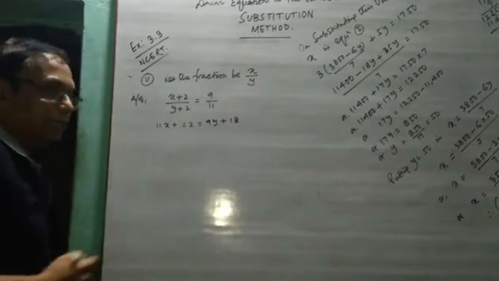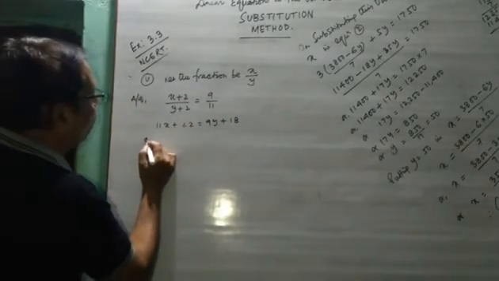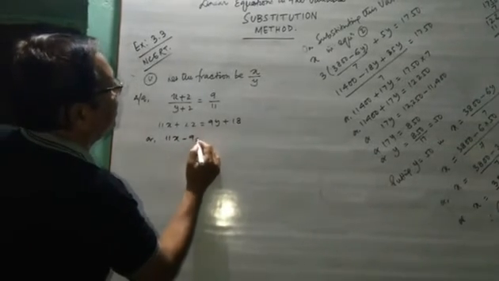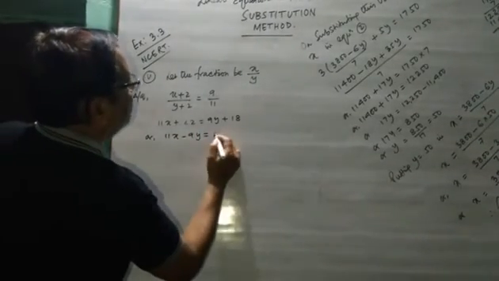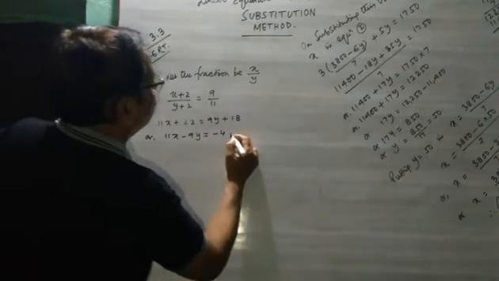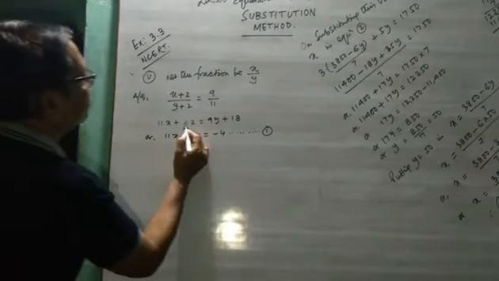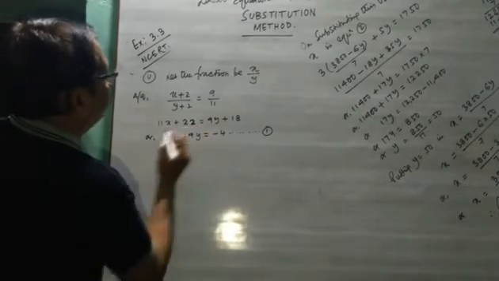We have done the cross multiplication. Or 11x minus 9y is equal to minus 4. This is your equation number 1, by doing the transposition only.